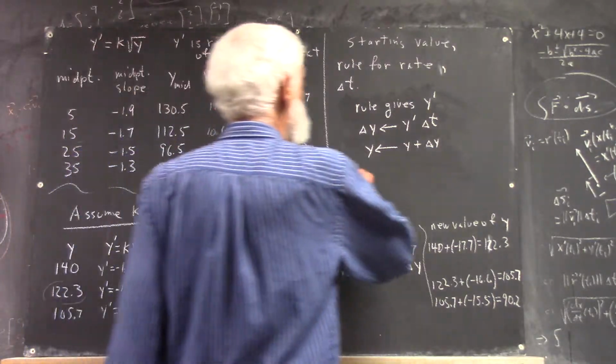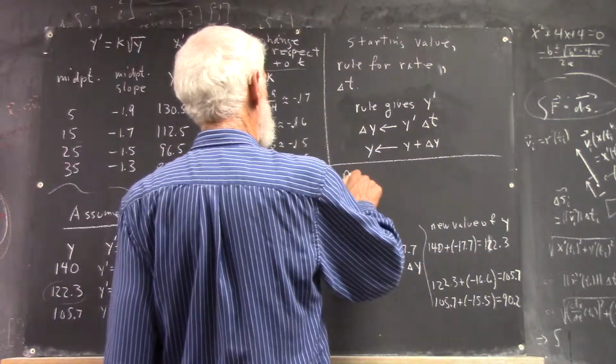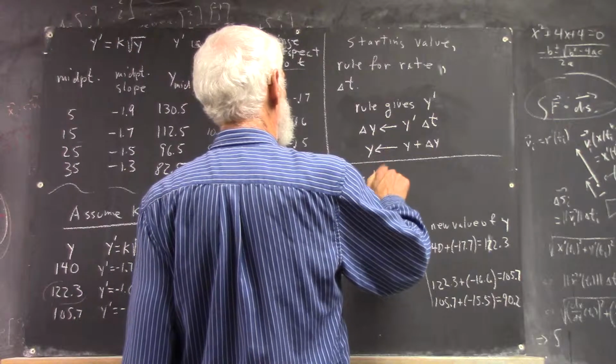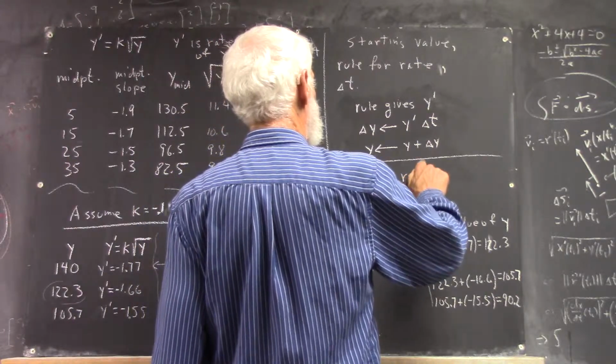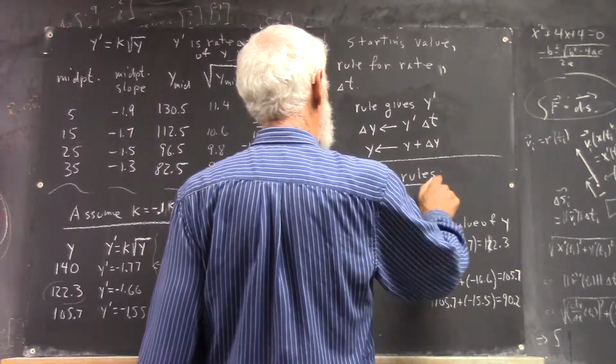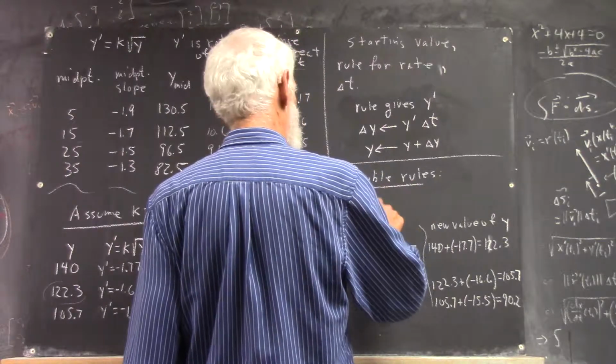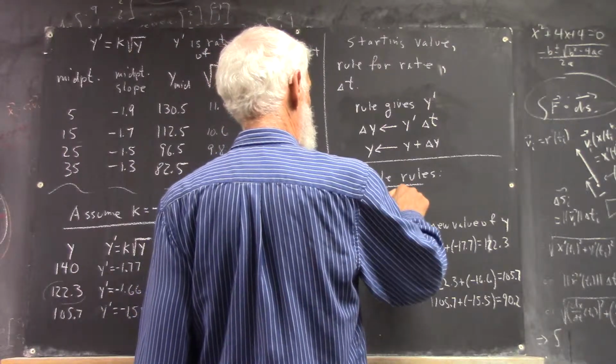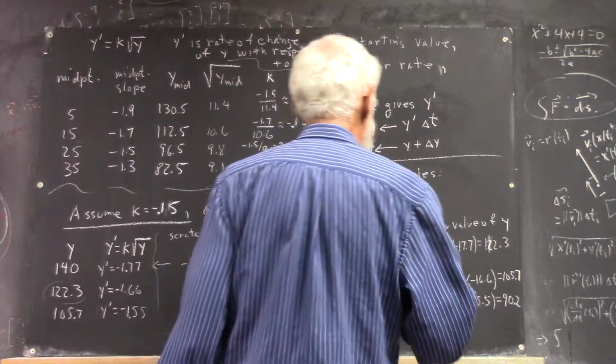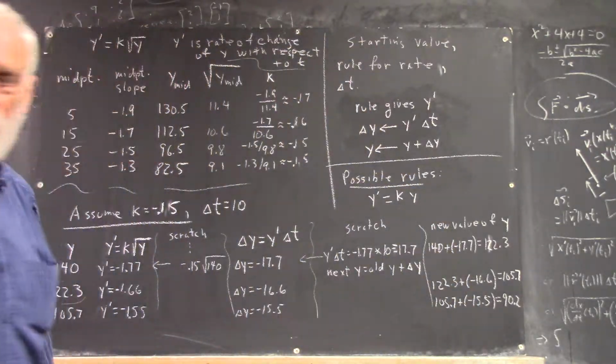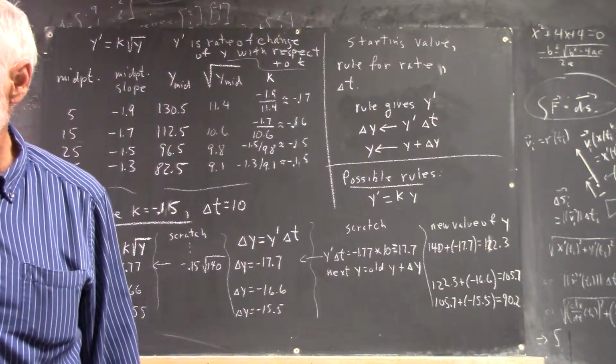So one rule could be y prime equals ky instead of k square root of y.